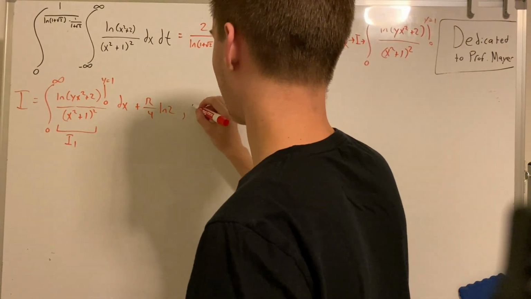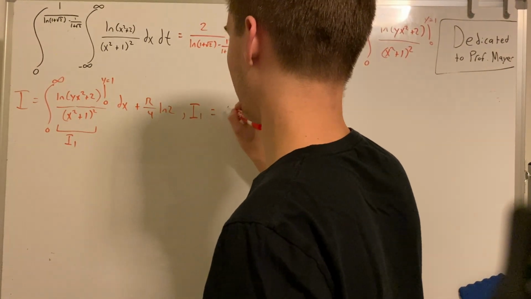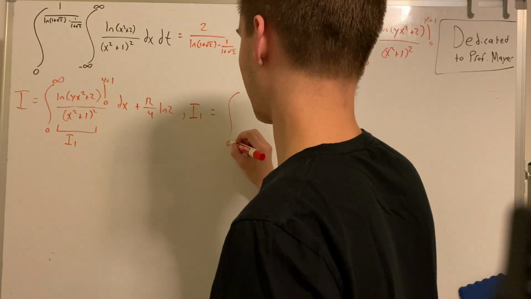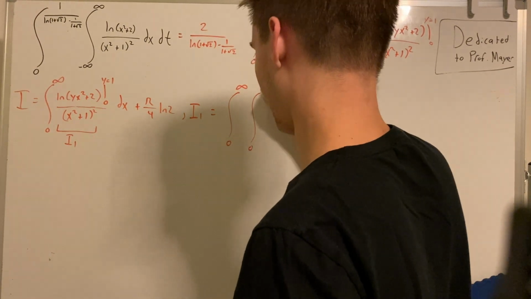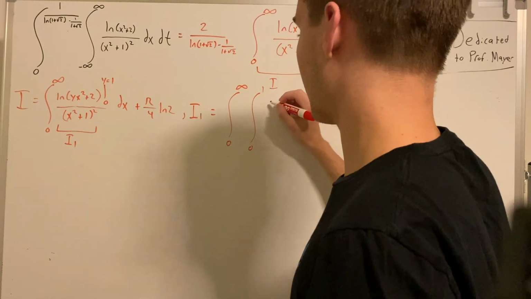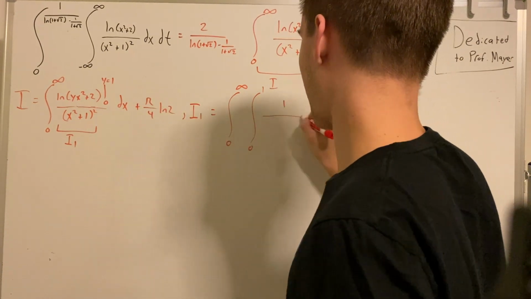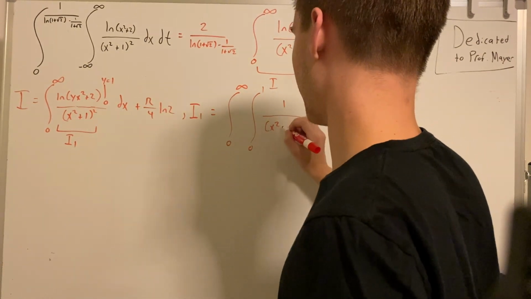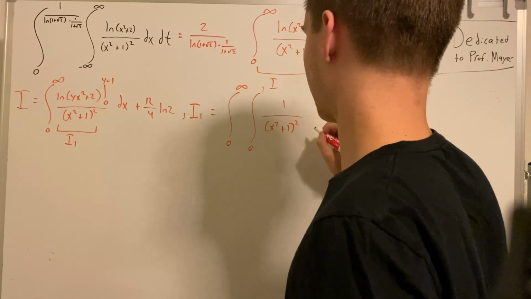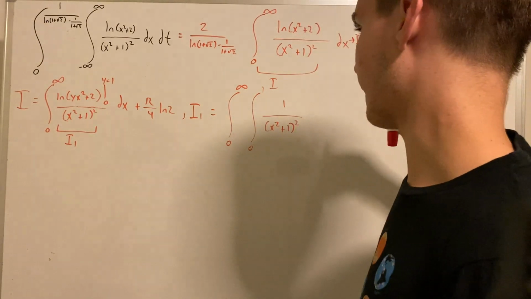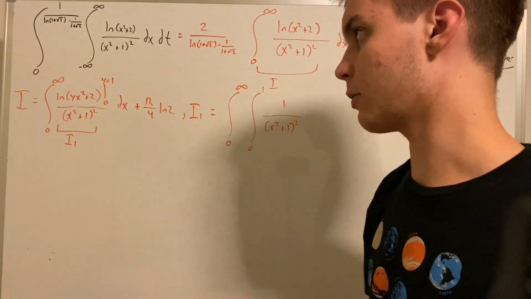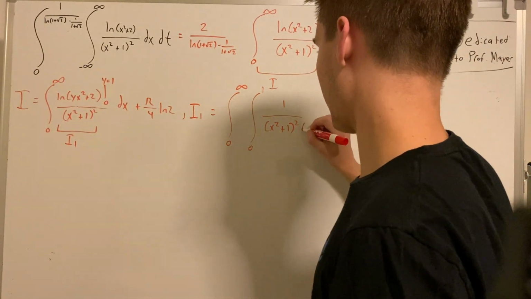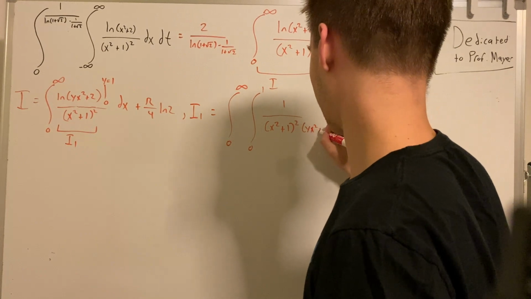So I sub 1 will be equal to the double integral from 0 to infinity and 0 to 1. Now, we first have an x squared plus 1 squared already. And then from this natural logarithm term where our y is located, when we differentiate that, we're going to get a yx squared plus 2.